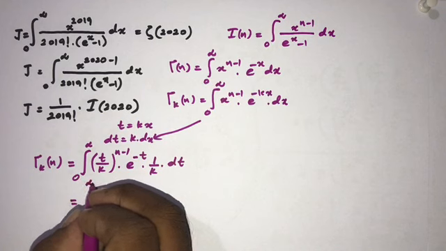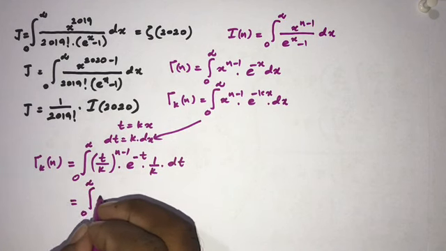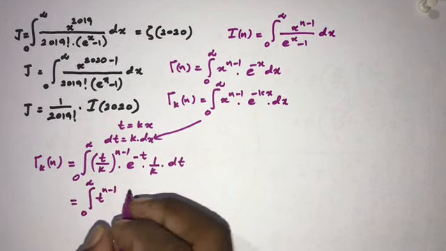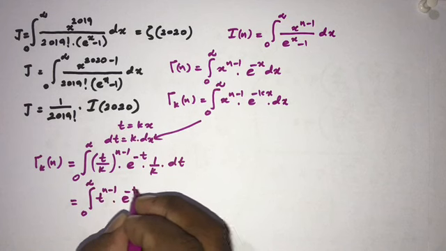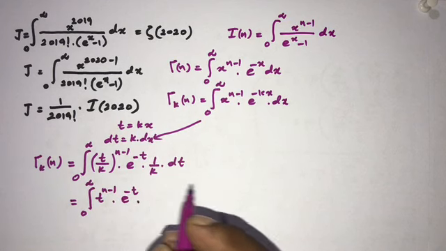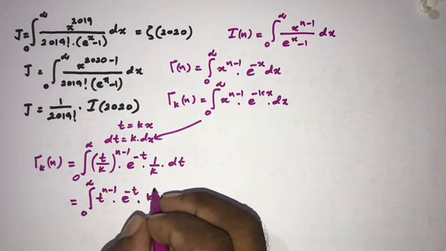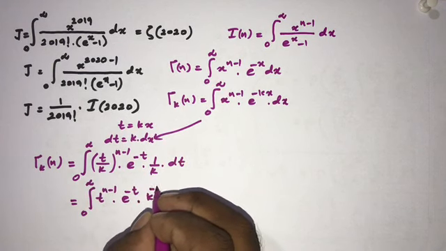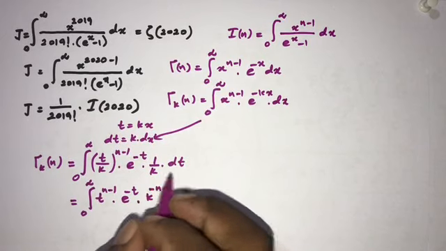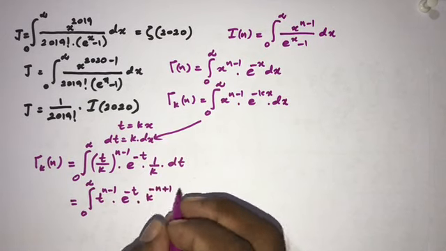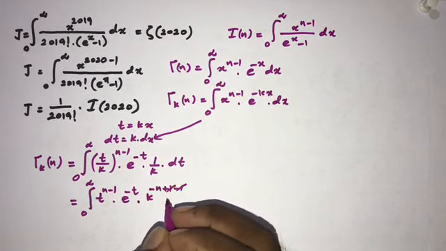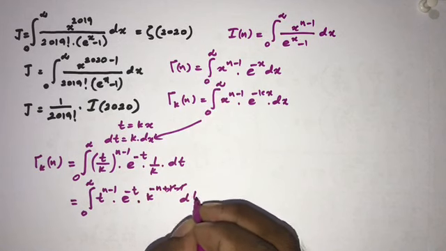Then we can write the integral from 0 to infinity of t to the n minus 1 times e to the minus t times k to the minus n plus 1, and here k to the minus 1, so minus 1 and plus 1 cancel, dt.